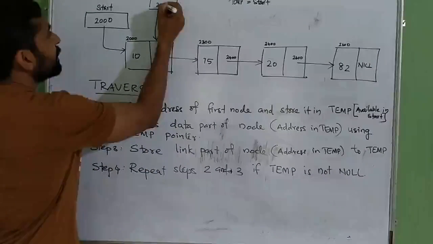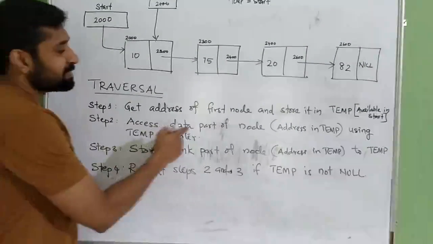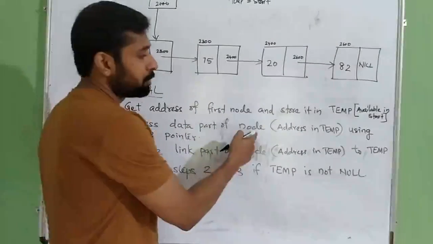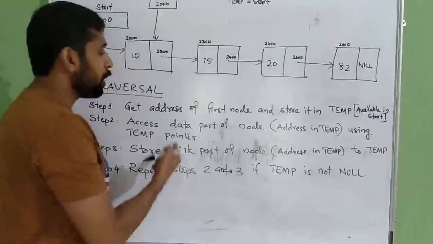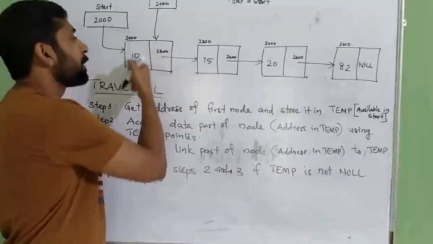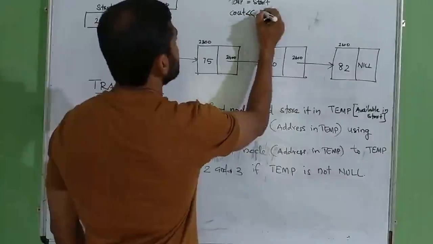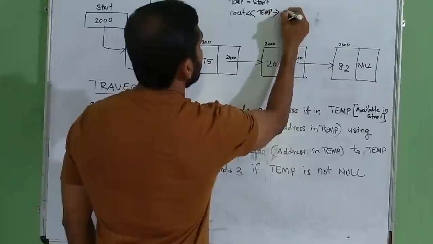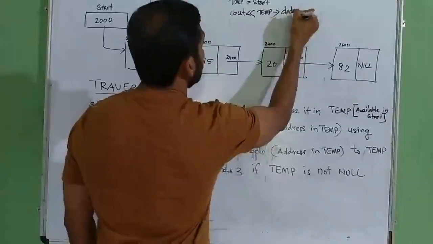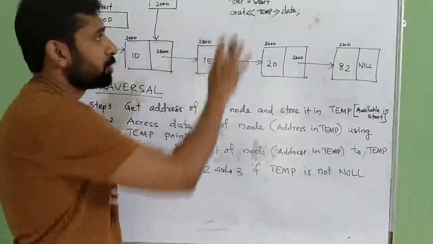So here this contains 2000. Now access the data part of the node, that is, the address in temp, using the temp pointer. How can we access this? Suppose we are going to print this, we can write a statement like this: cout temp arrow data. So that element is accessed. Any operation can be performed in this way.